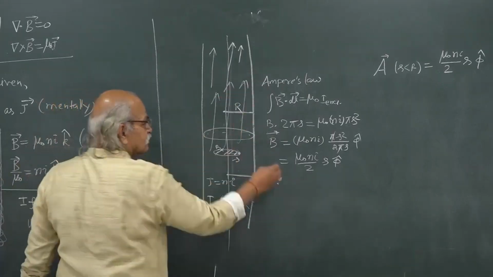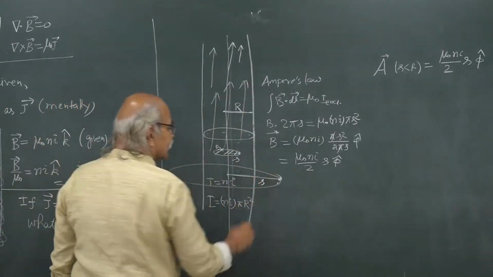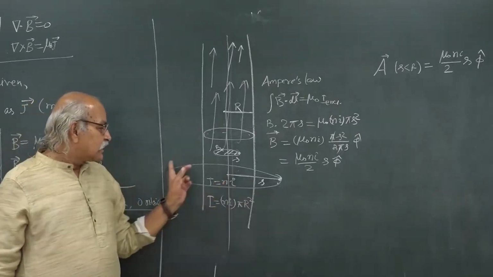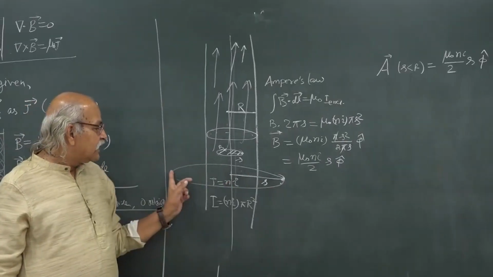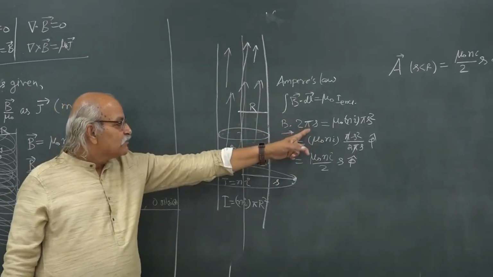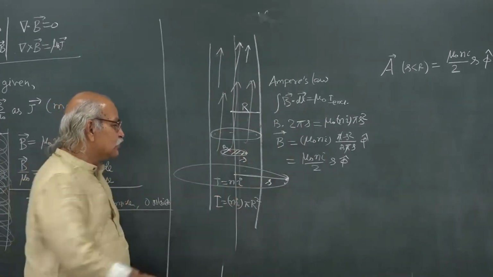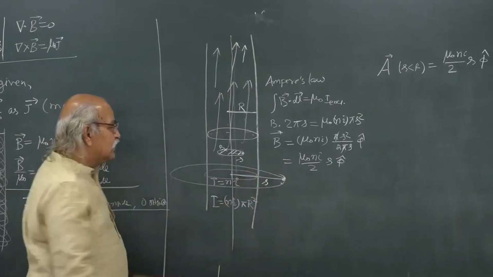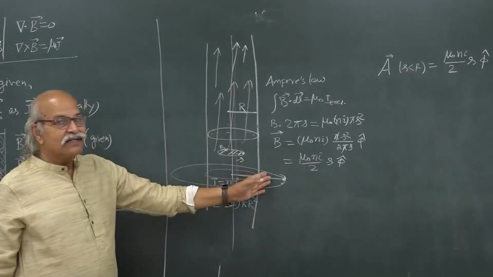You can just do this same exercise. This will be a circle on which you will be applying Ampere's law. This side you will get B into 2 pi s, but the enclosed current is only this much. Current is only here, there is no current here.